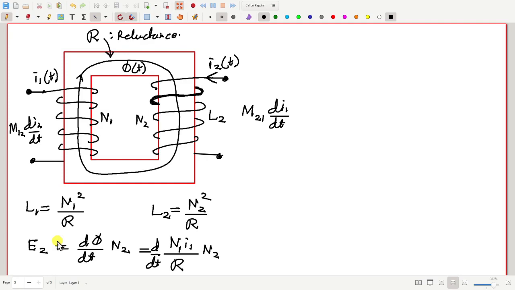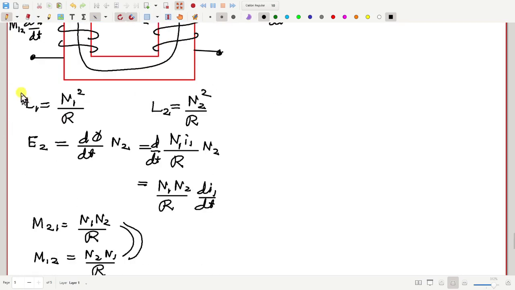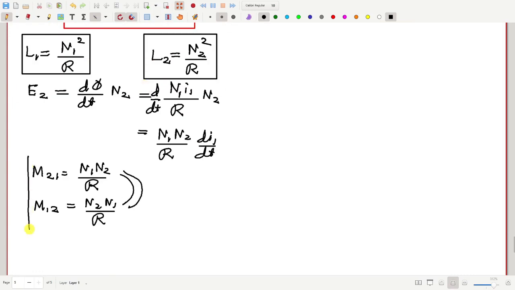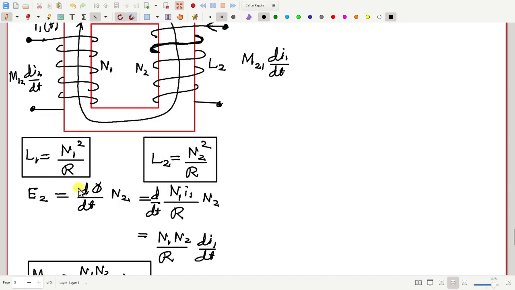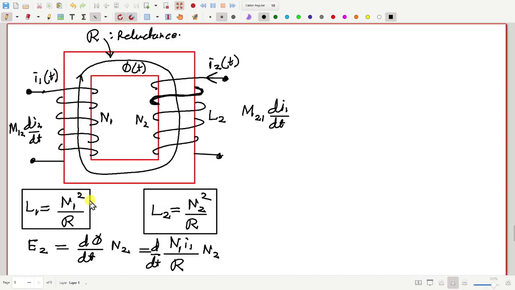Now, so we got L1 is this, L2 is this, and the mutual inductance is this much. Next, one more question remains.